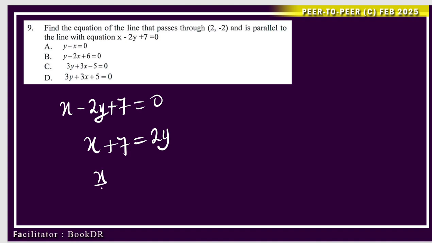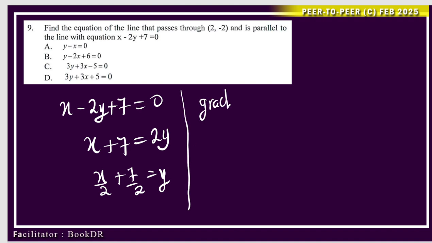So we have x over 2 plus 7 over 2 is equal to y. It means the gradient here is 1 over 2.